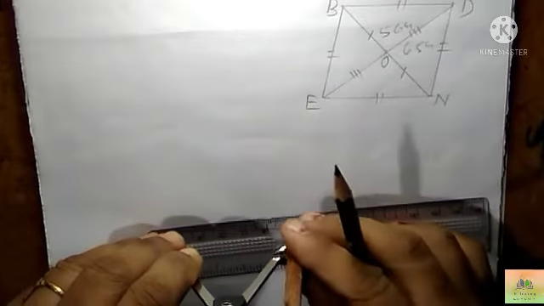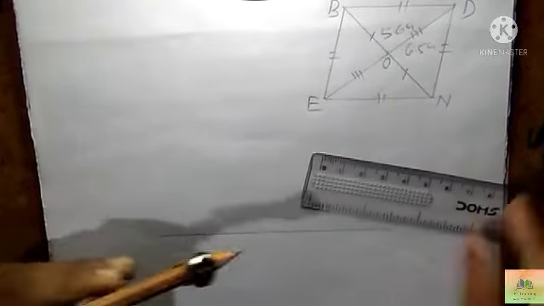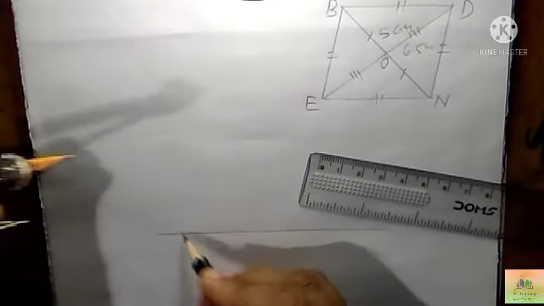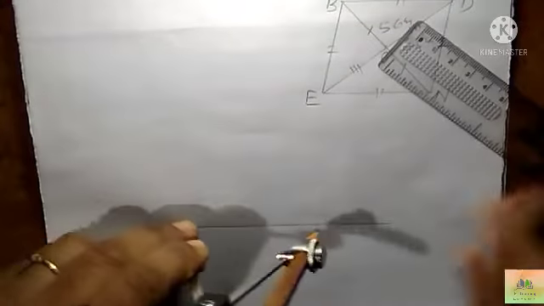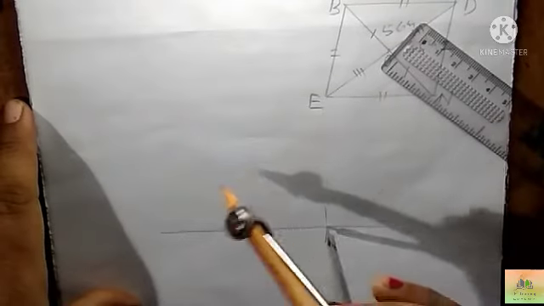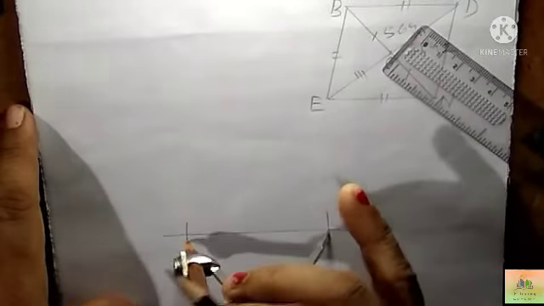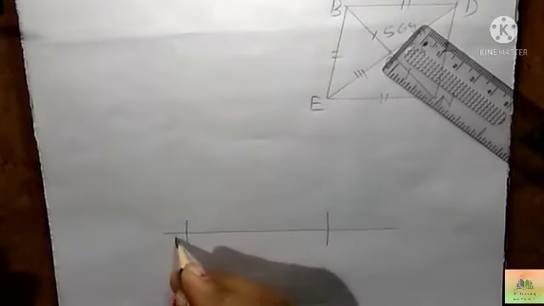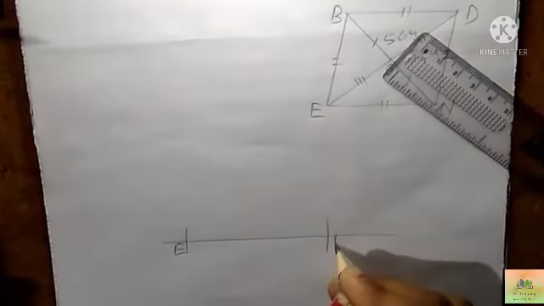Okay, so put this point. This is 6.5. Then on both sides we draw an arc. Okay, this is E and this is D.